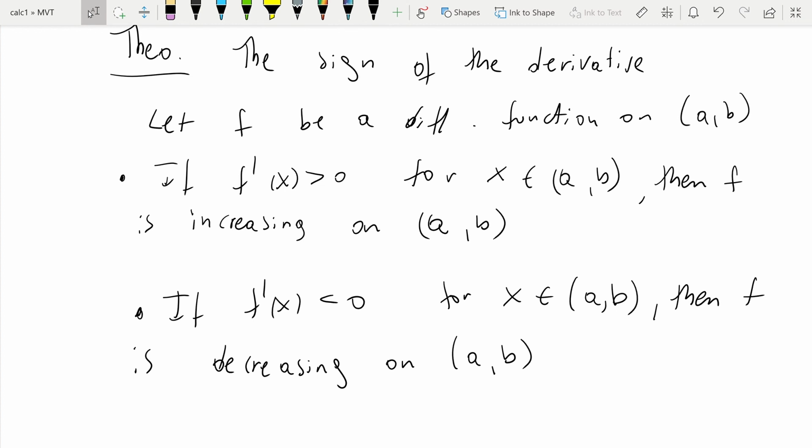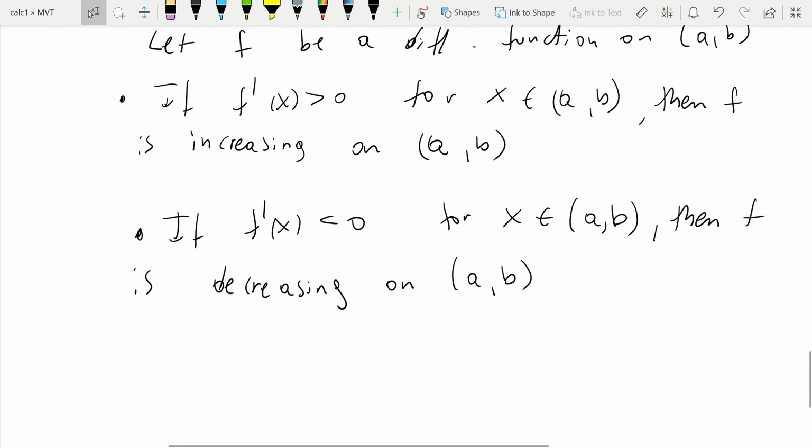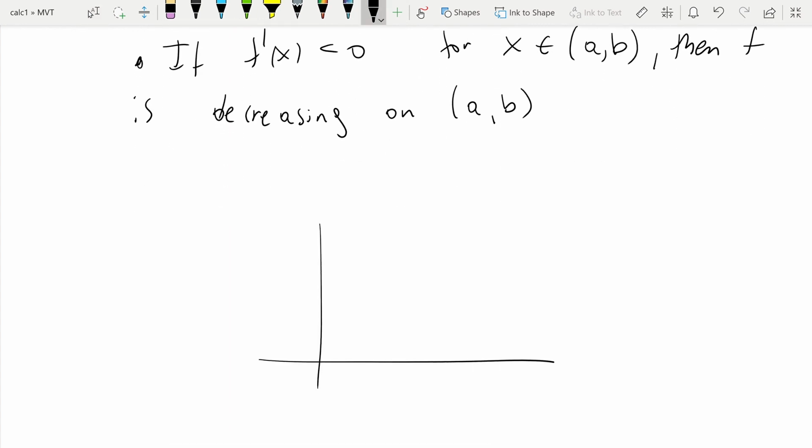If this were not the case, if the function was not increasing or not decreasing in the second statement, then you would be able to find points, one with a higher value than the other, and using the mean value theorem, you would find a point where the derivative matches the slope of the secant line. And so this is the situation.